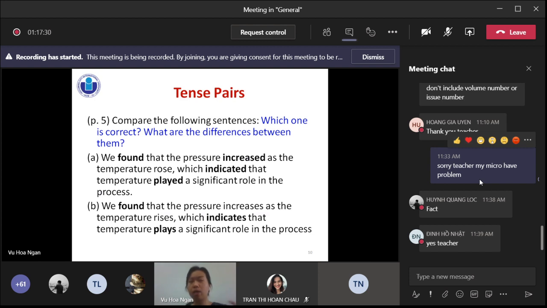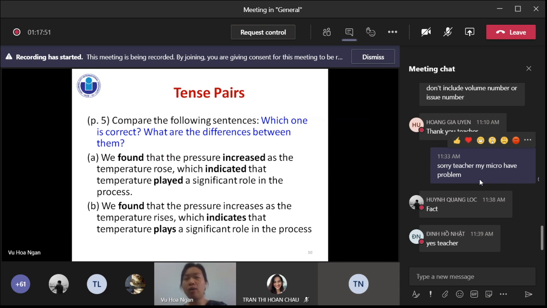Yeah, I agree with Joe. Both are correct. But if you use different tenses, you mean different things. Okay, so now, does that make sense to you? For simple past, again, the finding was correct, was valid in specific studies, right?